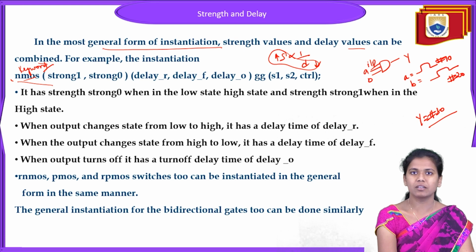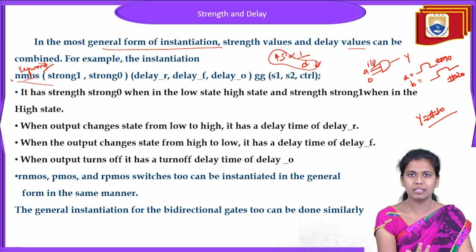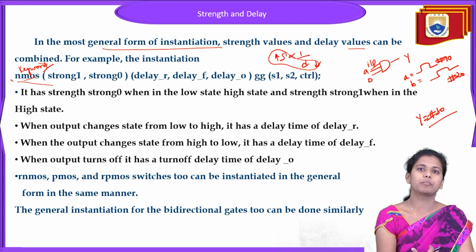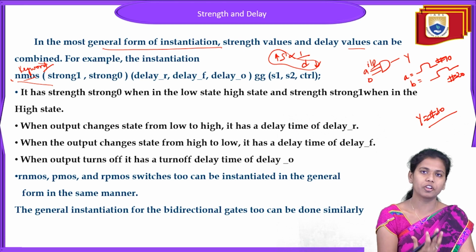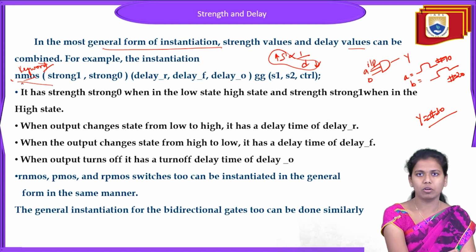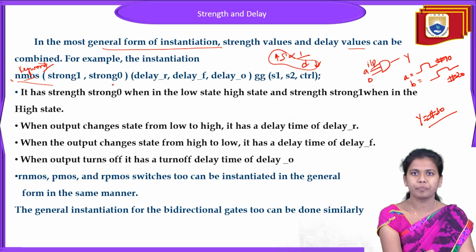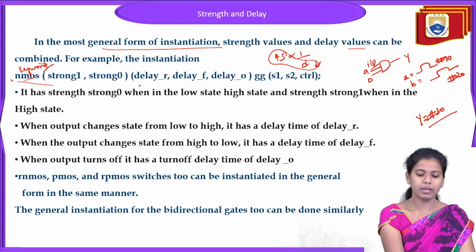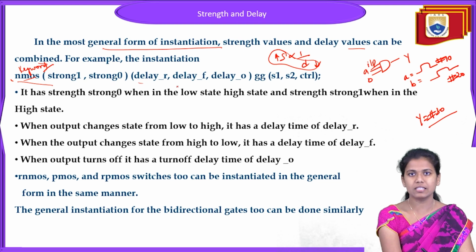So here, as a designer, I am designing an NMOS transistor, so my keyword is NMOS, followed by the signal strength. The strength I represent in terms of strong 1, strong 0, and immediately I represent the delays as well.